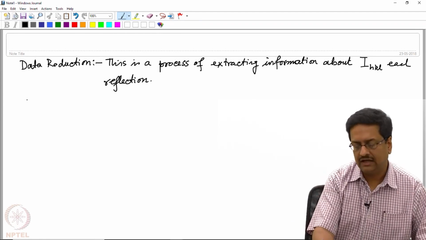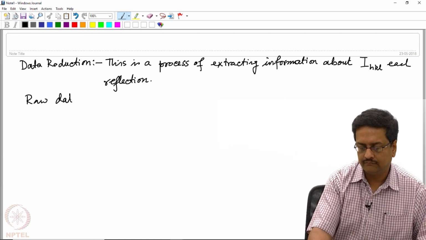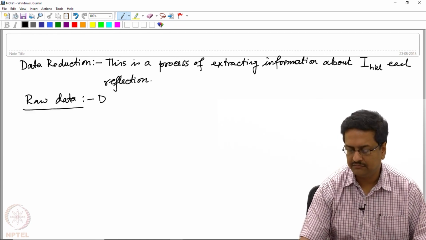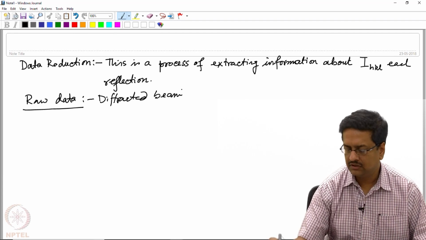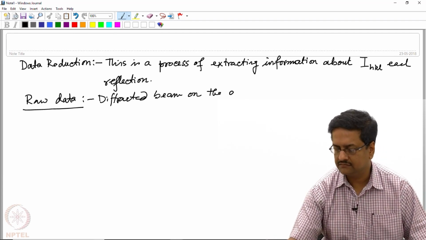What we have for that is just the raw data, that means just the diffracted beam on the detector.